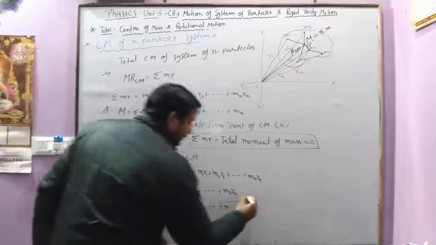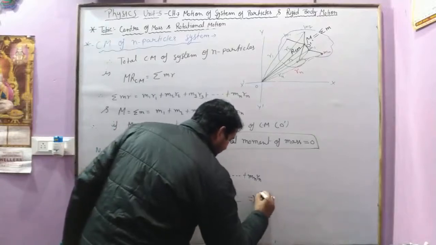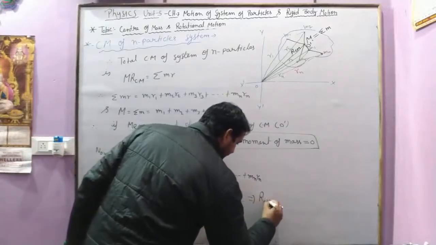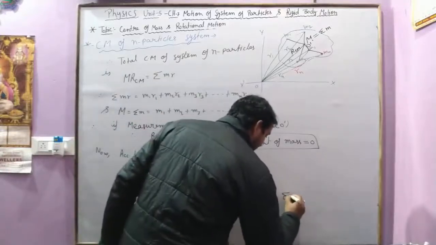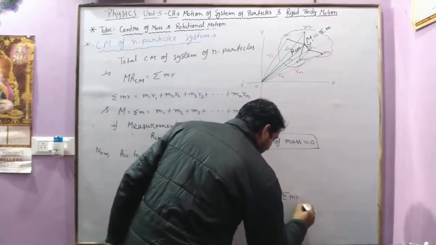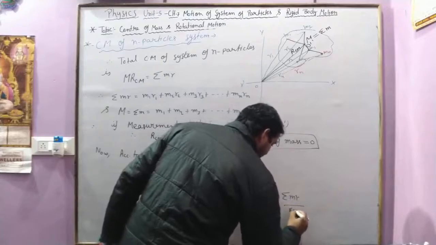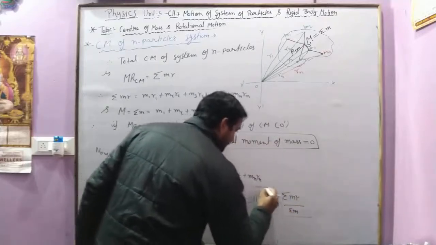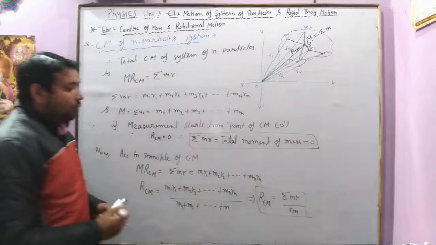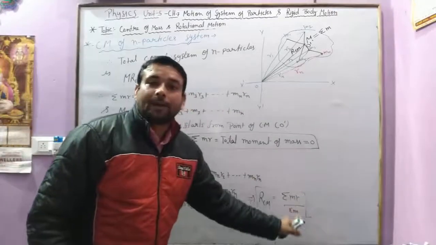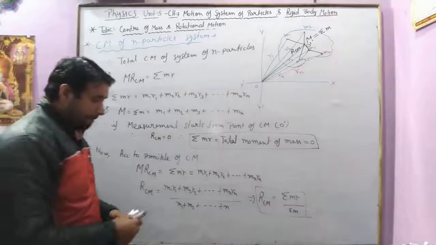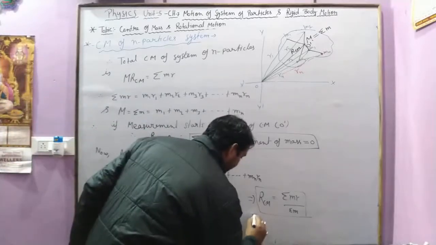This we can write as rcm is equal to summation mr upon summation m. This is the value of radius of center of mass for an n particle system. This is the required relation.